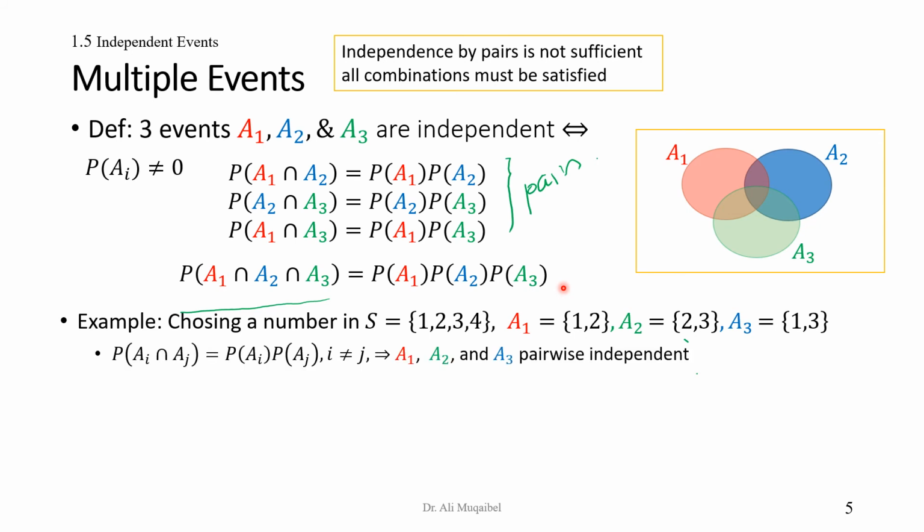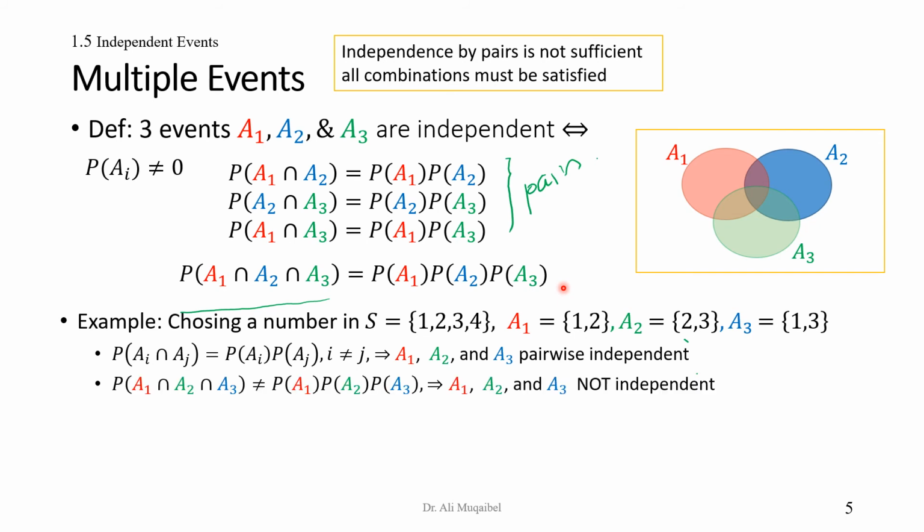So let's look at the pairwise independence. If you look at the pairwise independence, probability of A1 and A2, it's here and here, probability of the intersection. You can see that there's one common term, which is 2. So probability of being here and here, it's only one number, so it becomes 1/4.